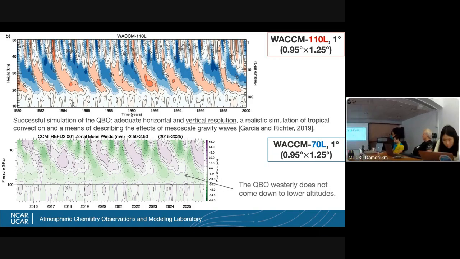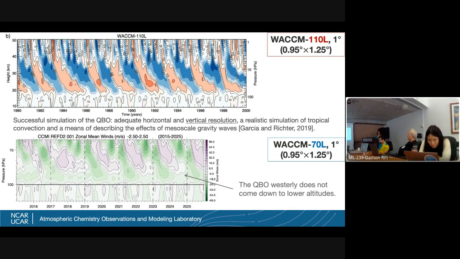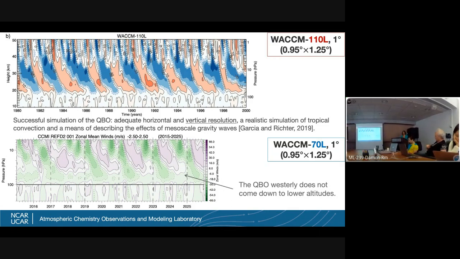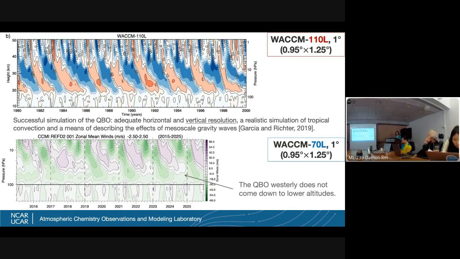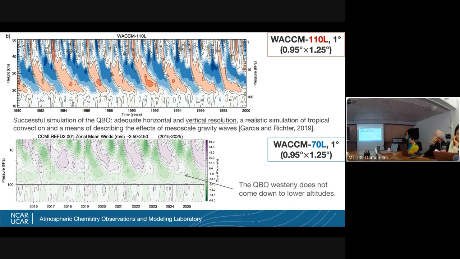I really like her talk. And just as an example, what does the QBO look like in the vacuum 70 level? This looks a lot like Eva's figure. Without enough vertical layers, the QBO, especially the westerly, does not come down low enough.